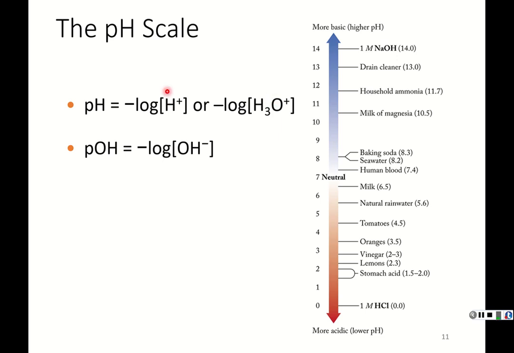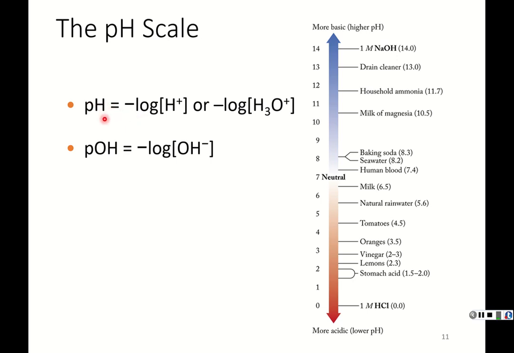So pH is just a measure of that, and it's a log scale to make it easier to deal with. If you were just using concentrations, like 1 times 10 to the minus 4 or 3 or 7, those are very small numbers, so they use this log scale to make it easier numbers to work with.